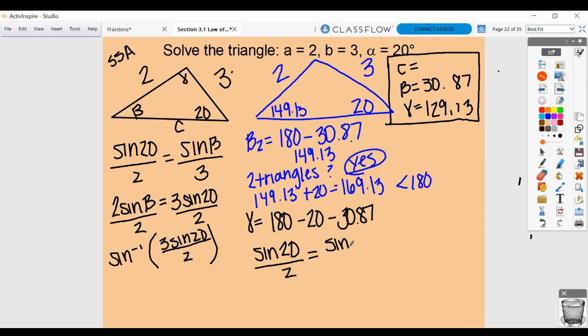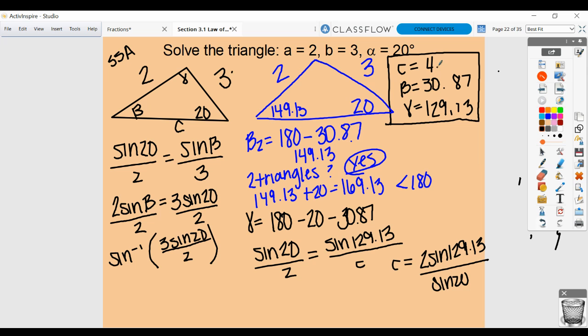So you want to do sine of 129.13 over c. Cross multiply and then divide. I'm running out of room here, so it's going to be 2 sine 129.13 divided by sine 20. And you get 4.54.